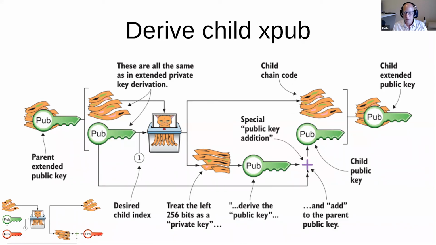And the result is a public key, which is the child public key. This public key together with a chain code forms the child extended public key. So now you have created a child extended public key from a parent extended public key without knowing the child private key, which is pretty interesting. And this is of course through the magic of this add operation here, public key addition.